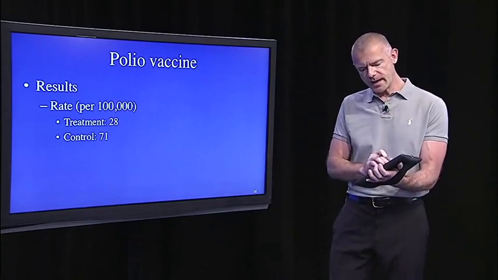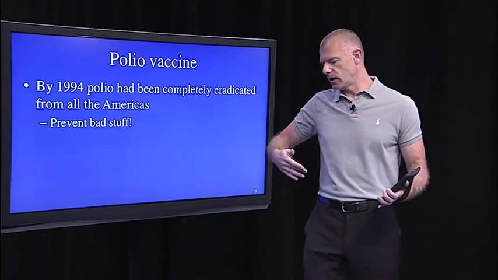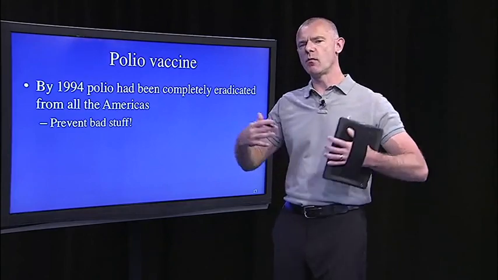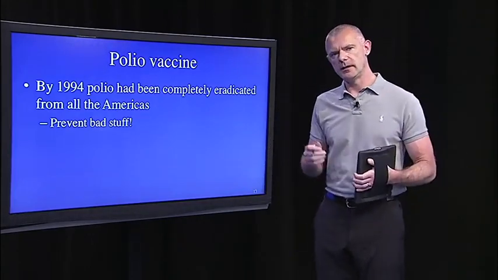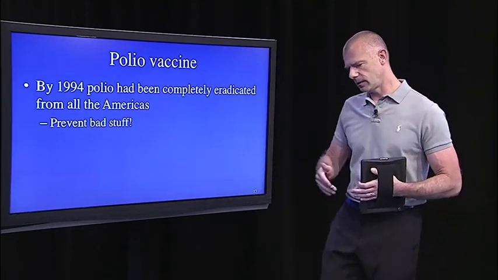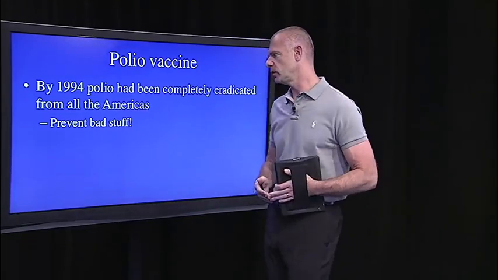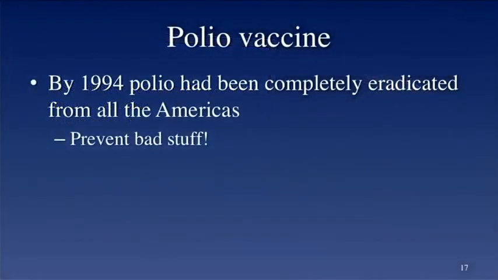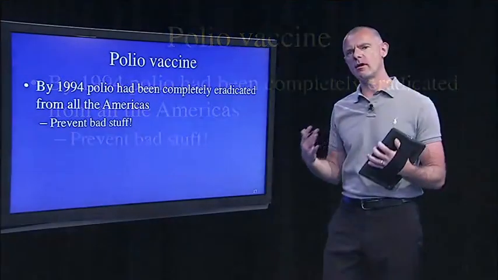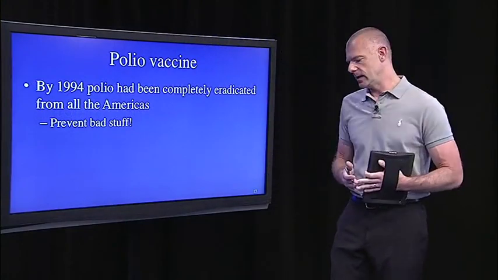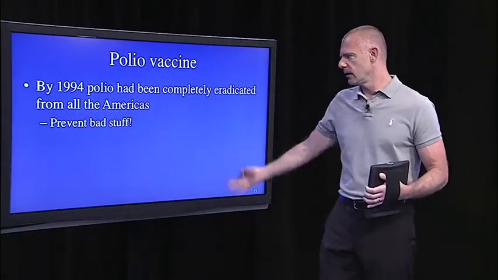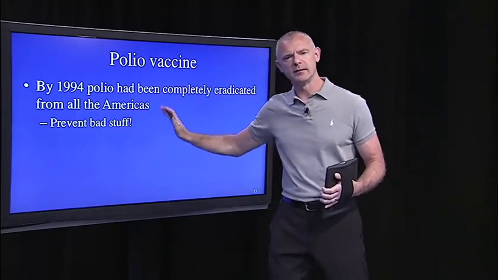And as these trials expanded, and as more and more parents consented to having their children get the Salk vaccine, and then even better vaccines were developed, polio by 1994 was completely eradicated from the United States, not just the United States, but all of the Americas. So this is an incredibly successful story of government intervention in preventing a disease, and as I said here, prevent bad stuff.